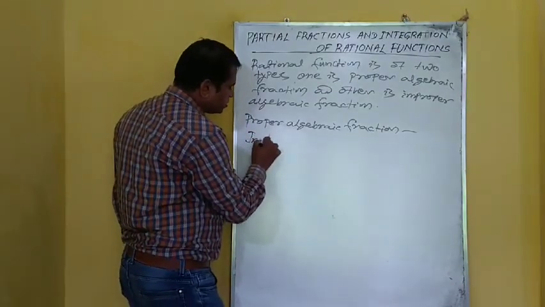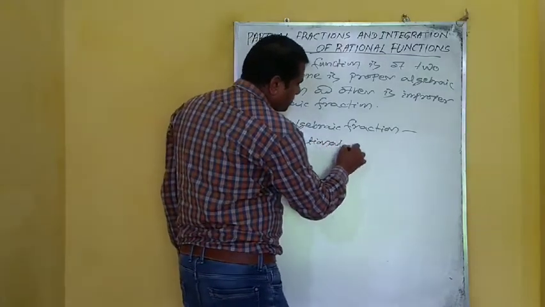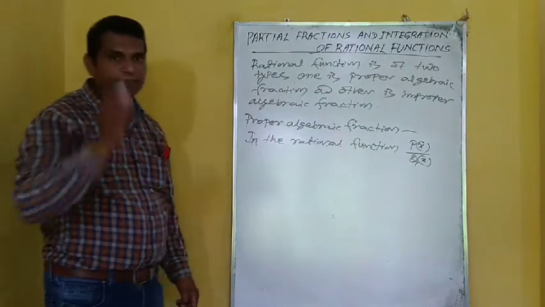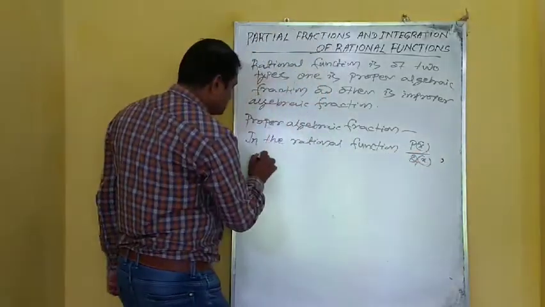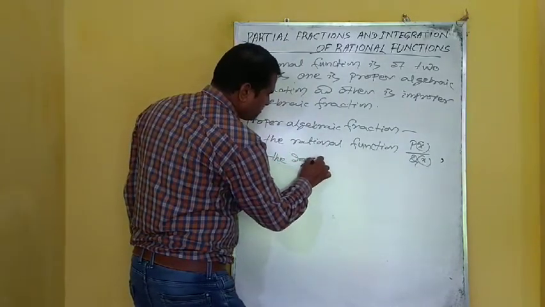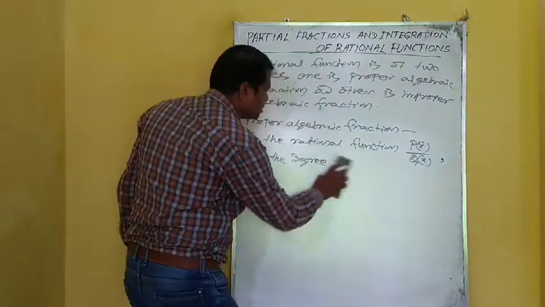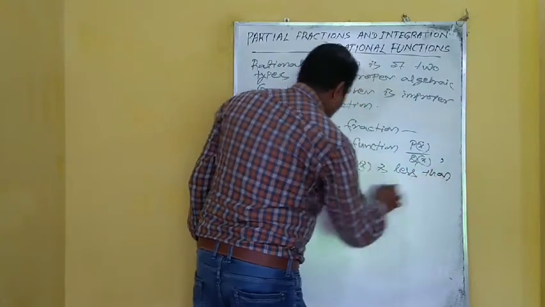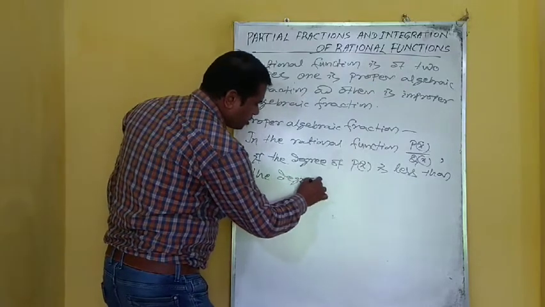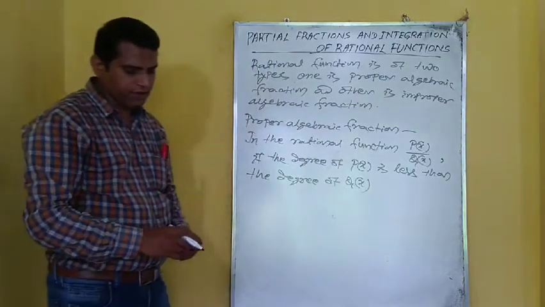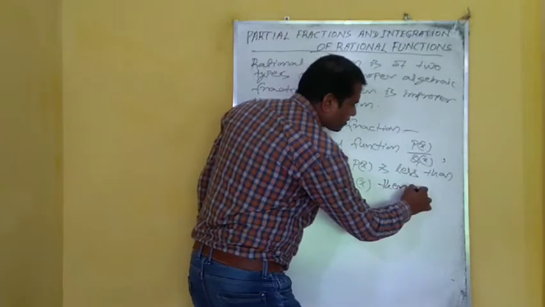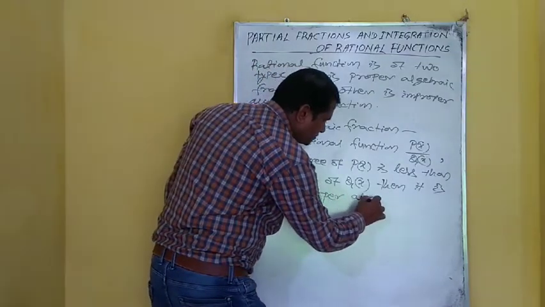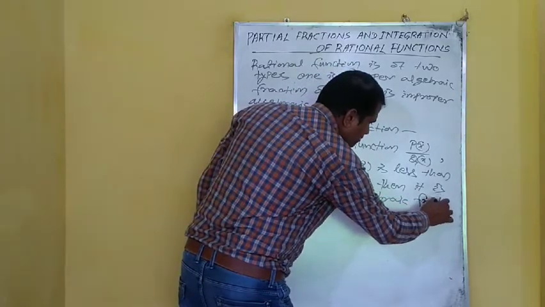In the rational function p of x by q of x, if the degree of p of x is less than the degree of q of x, then it is called proper algebraic fraction.